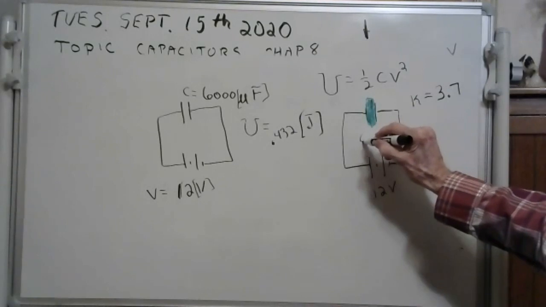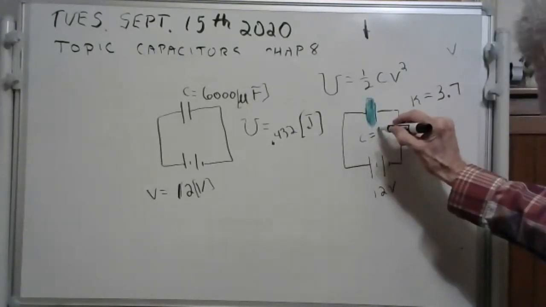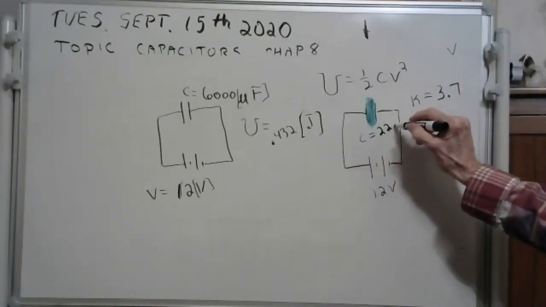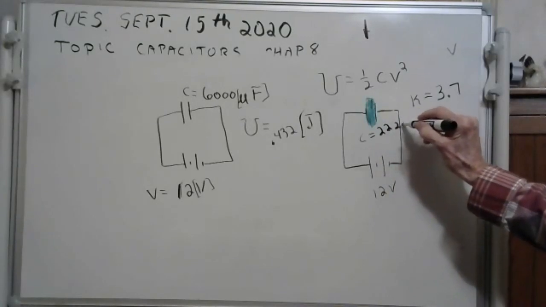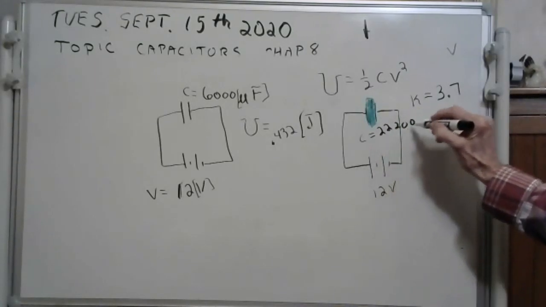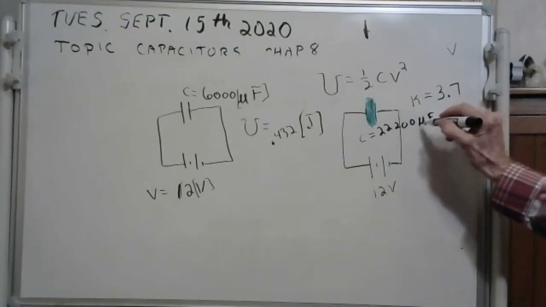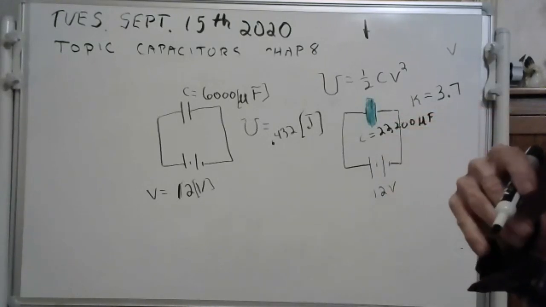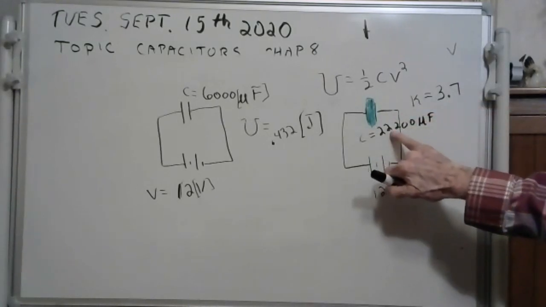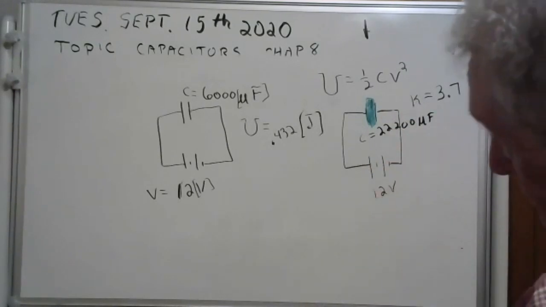I'm getting a capacitance in this circuit after you put in the paper of 22,200 microfarads. Boy, it really went up, didn't it? That's a comma. We'll just leave the comma out.